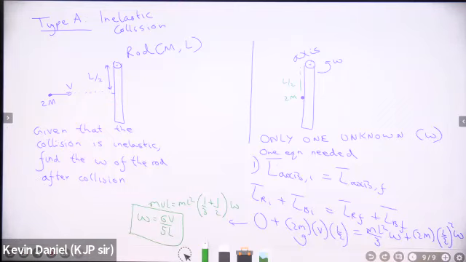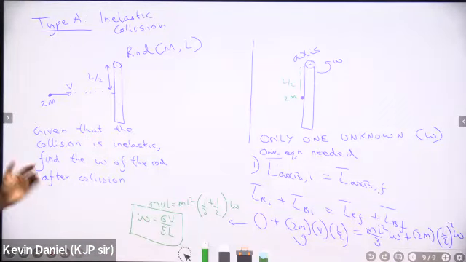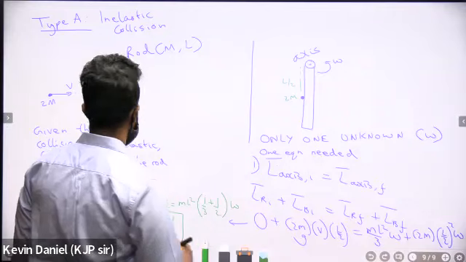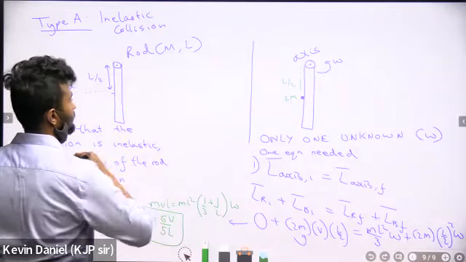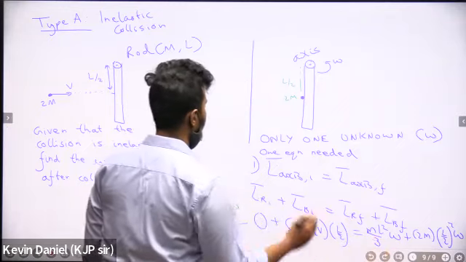But this time you'll encounter two unknowns: its velocity after collision will be an unknown, and omega of the rod will be an unknown. So you'll have to use both equations, the first one and the second one as well. Just try. The question is: solve the previous question if E is half.